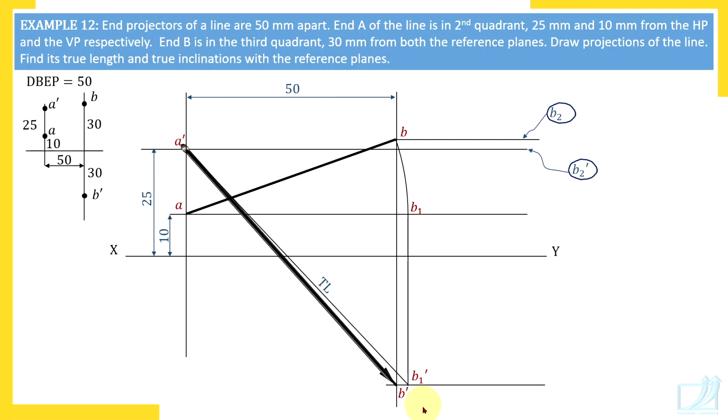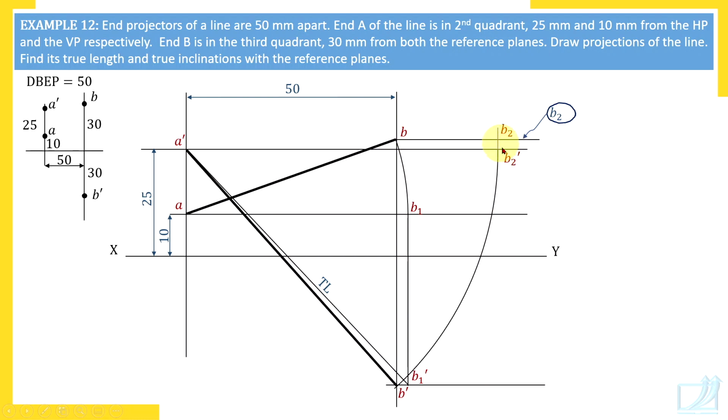That is the true length. Next, rotate A dash B dash. The length A dash B dash is EL. Which other view has length EL? A dash B2 dash. So make that horizontal, A dash B2 dash. So here it is B2 dash. Remove that rough label. So A dash B2 dash is a parallel front view, and through B2 dash now draw a vertical line, and you will get B2 here, because this is the line for B2.